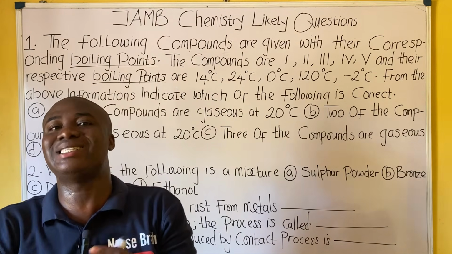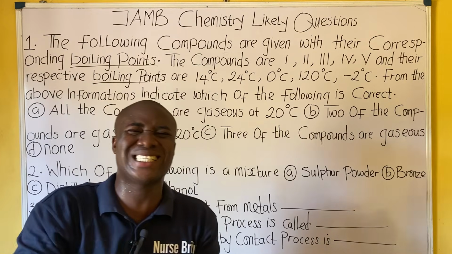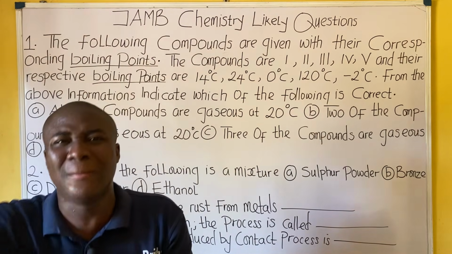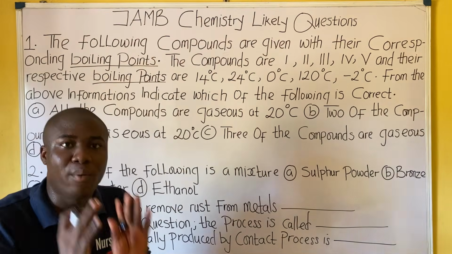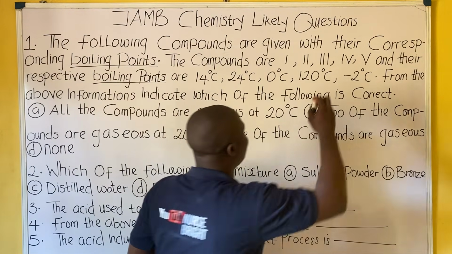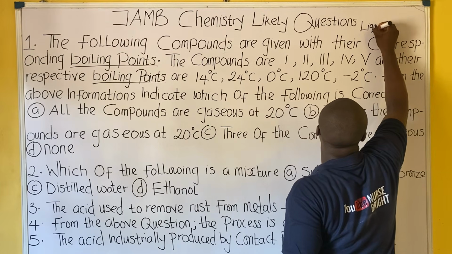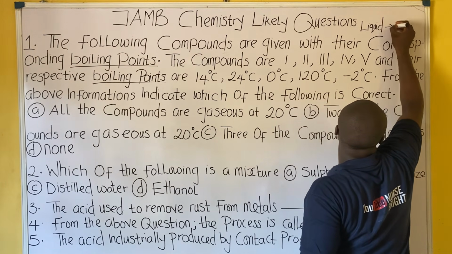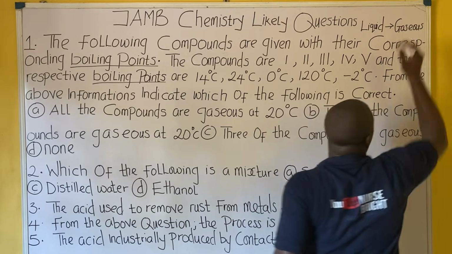So boiling point is the temperature by which a substance changes from liquid to gaseous state. Listen, a substance changes from what? Liquid state to what? Gaseous state. So this is what you should take note of.